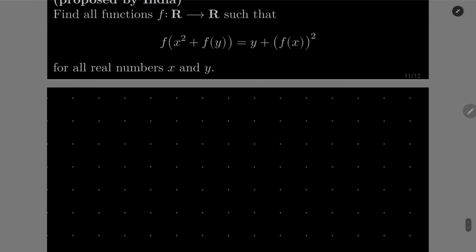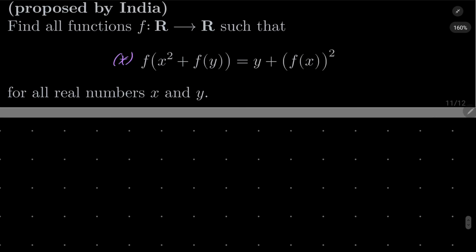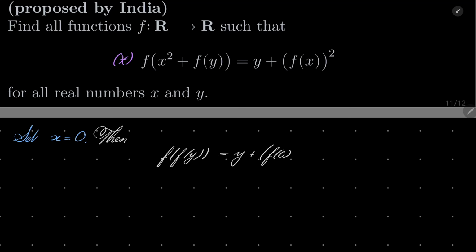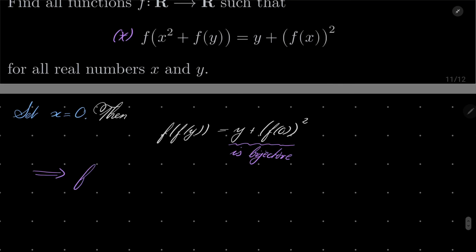Okay, alright, so as I suggested, let's maybe start by setting this equation to be asterisk, and let's set x to be 0. Then we have the following: f of y equals y plus f of 0 squared. And notice that the right hand side, this function, is bijective. Obviously, it's bijective, so that means that f composed with itself is bijective.